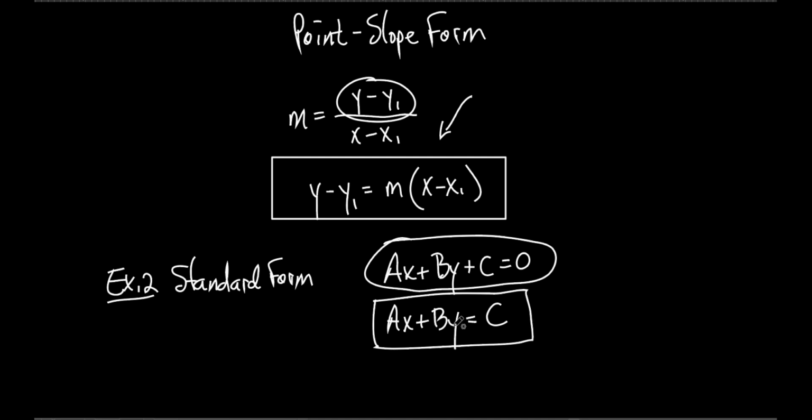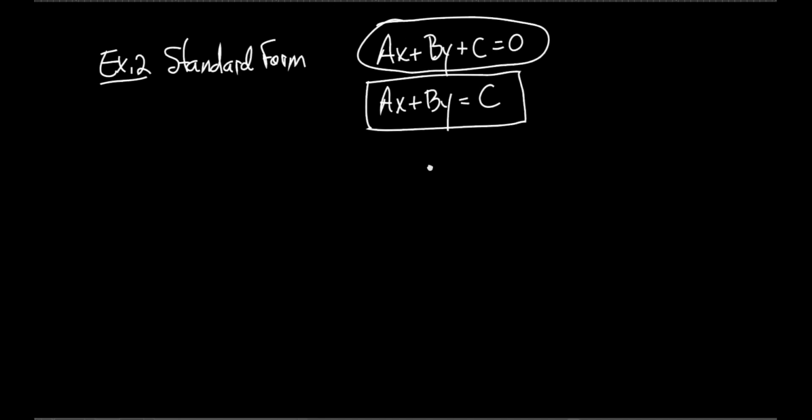Just put the x's and the y's on the left-hand side, and you put your constant, your regular number, on the right-hand side. That's all they want you to do for the final answer. All right, so they want you to write their answer that looks like this. By the way, did I tell you this? The A has to be a positive integer. Did we mention that? Yeah. I think in pre-calc we did this a little bit ago.